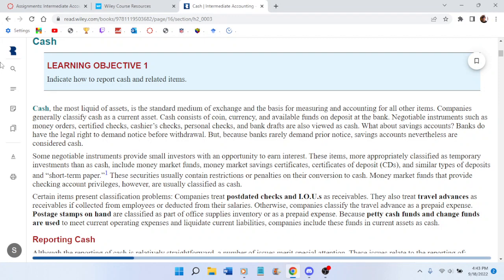So money orders, certified checks, cashier's checks, personal checks, and bank drafts. Also viewed as cash. Savings accounts.